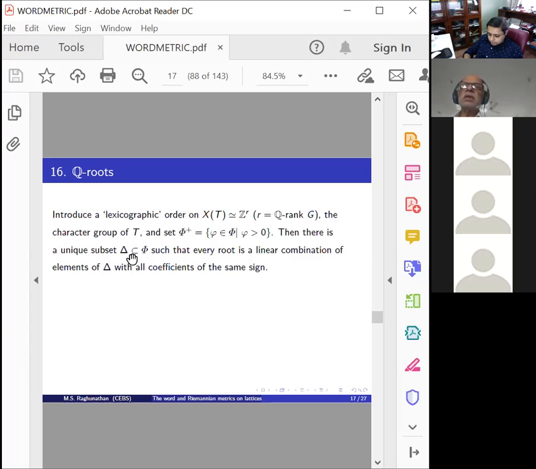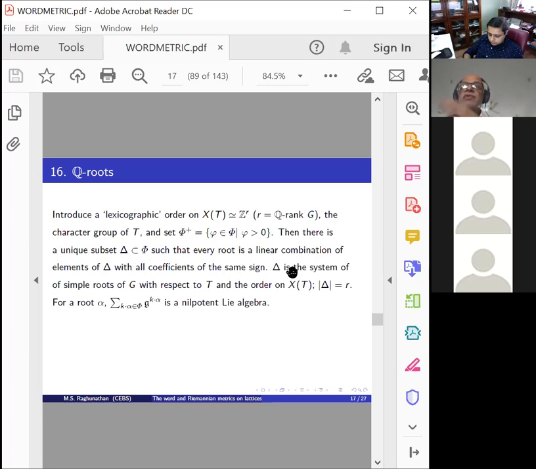Sorry, delta may not be a basis. Delta will be a linearly independent set over Z inside XT, and every root in phi can be written as a linear combination of elements of delta with all coefficients of the same sign, either all non-negative or all non-positive.